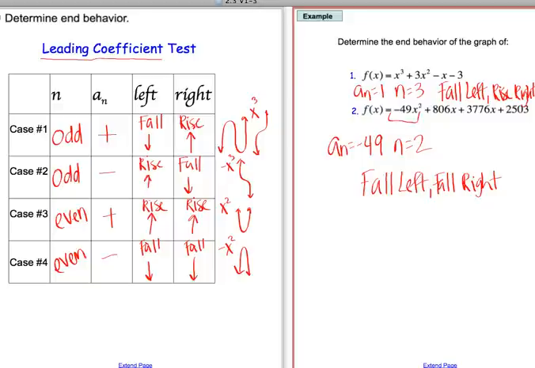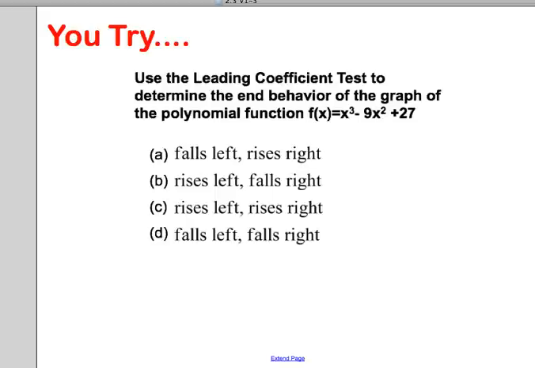So really in this case, we know that the graph is going to end going down. What we don't know is what's happening in the middle, and that's what we're going to start talking about in our next videos. Right now, I'd like you to try this question and bring your answer to class tomorrow, and this is the end of our video for today.